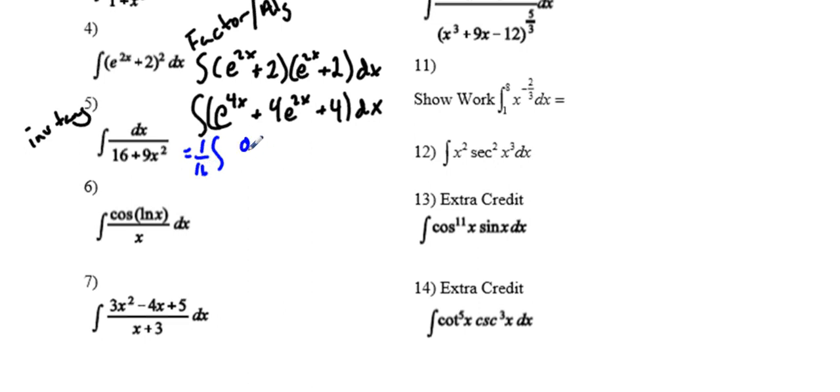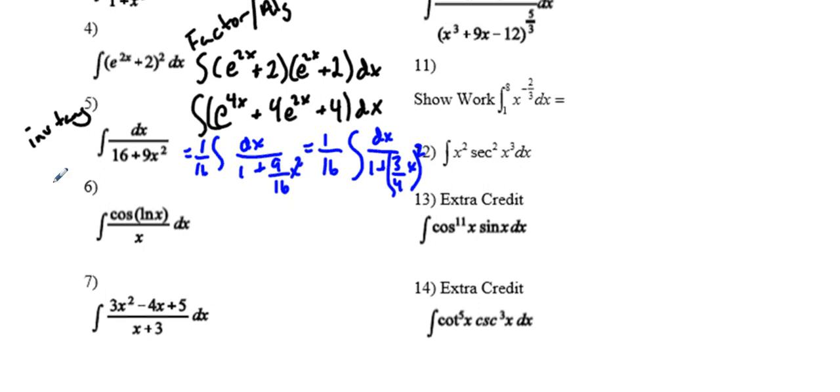You have dx, and you have 1 plus 9 over 16 x squared right there. You have to take this and simplify it, so you have 1/16, and you have dx over 1 plus 3/4 of an x, and all that's going to be squared. Okay, so try that one out. You should be able to do it.